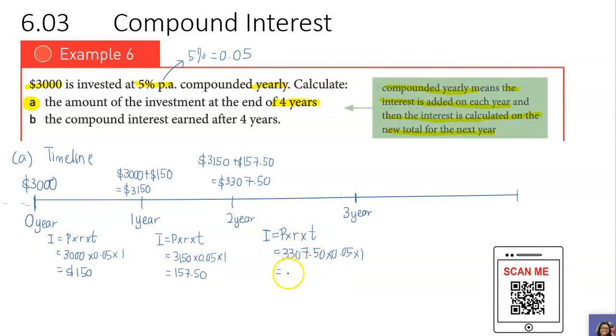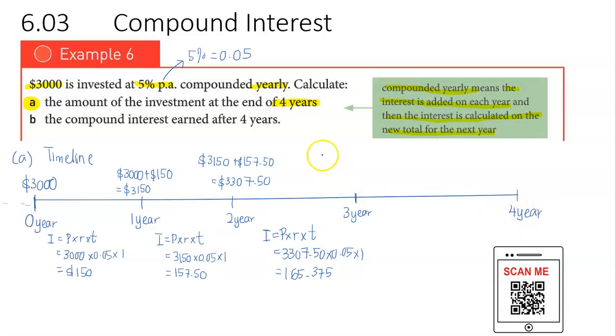So you calculate your value, you will get 165.375. So you do not straight away put it into 2 decimal places. No, because this is not the final answer yet. My final answer is I want to get the value at the end of 4 years.